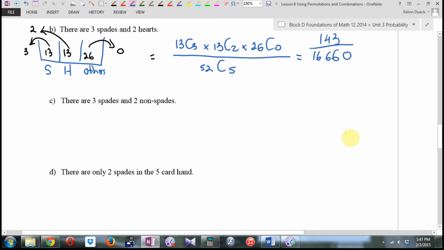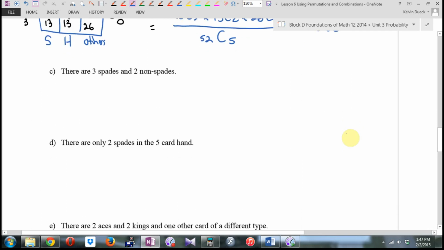Let's skip C. Let's do C. Try C on your own. 3 spades and 2 non-spades.